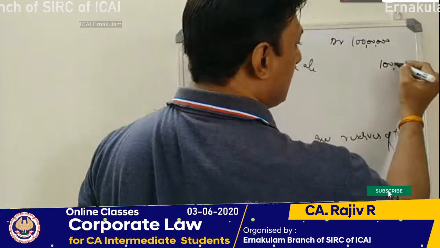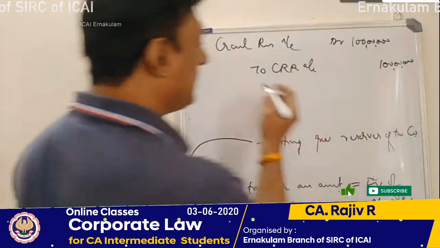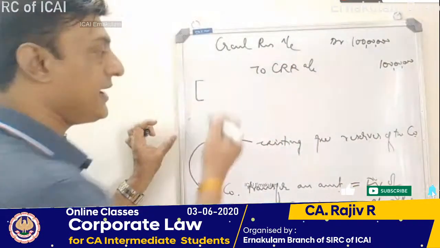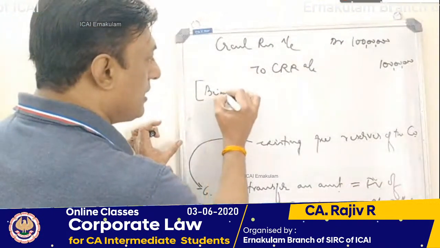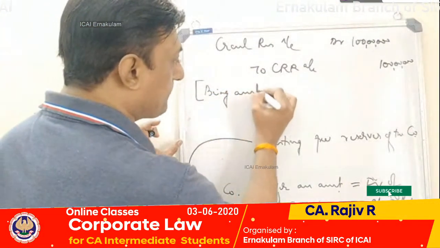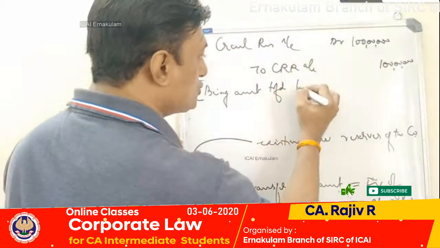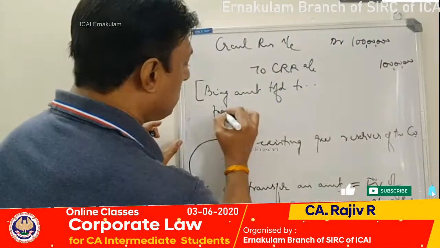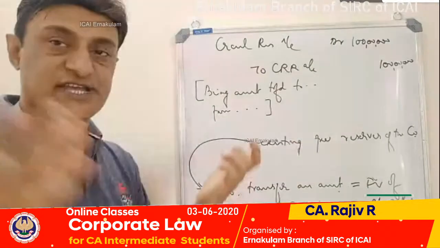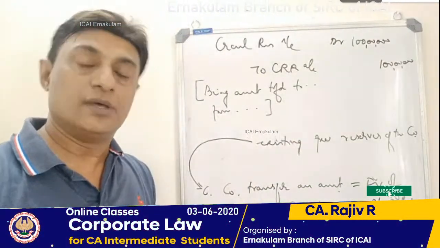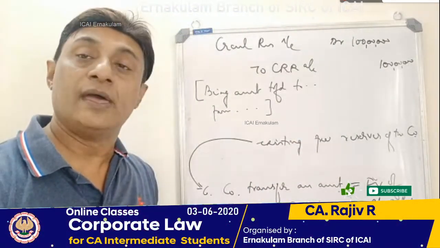I pass this journal entry, and also to be complete, I put the narration, being amount transferred from general reserve to capital redemption reserve, as per section 55 of the Companies Act. You put that in the narration, nothing wrong.